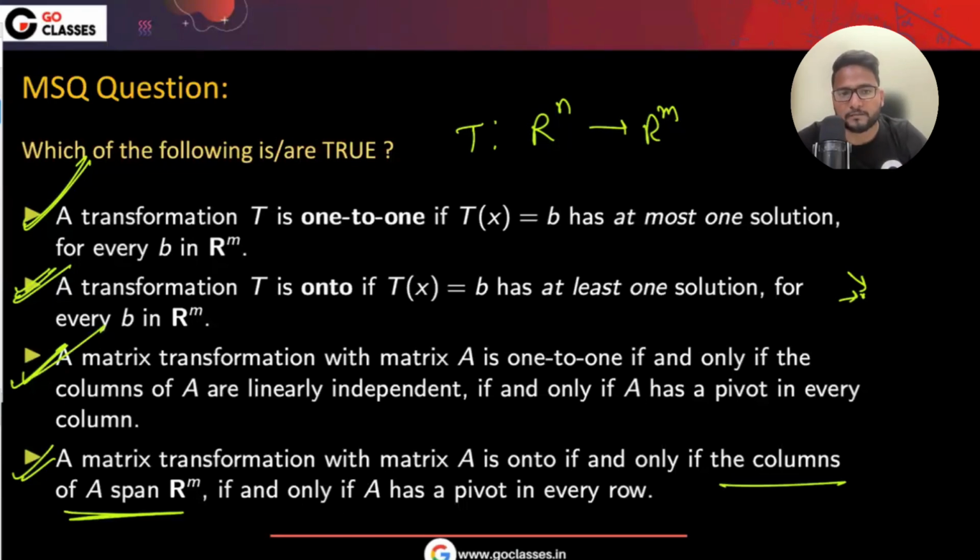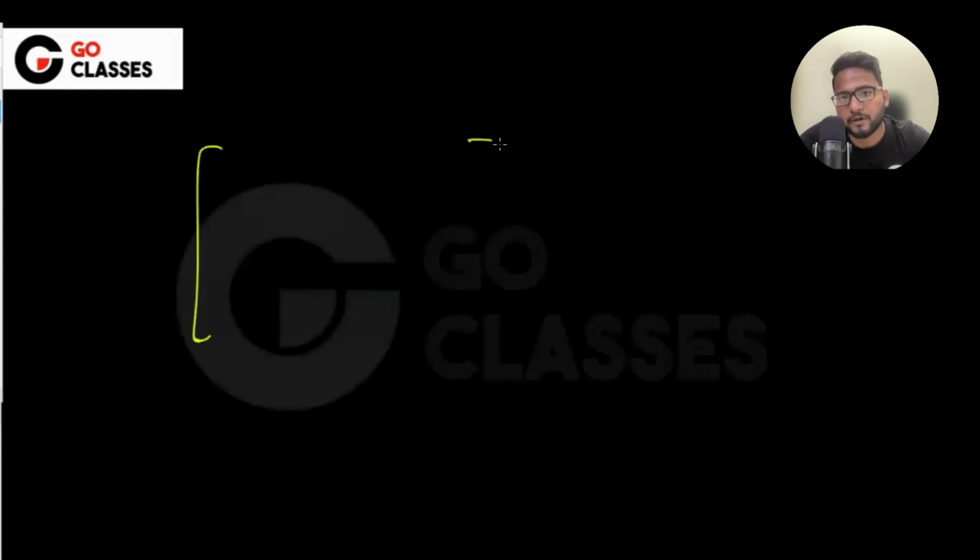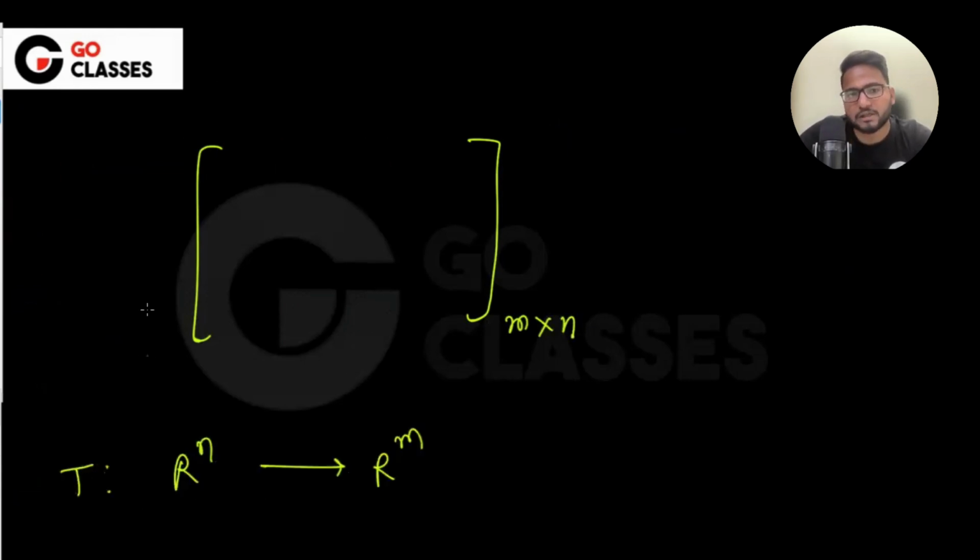Why? Let's just check. See, let's suppose this is m into n, which means it takes from Rn and gives to Rm. In terms of transformation, this is like this, and the matrix is m into n. Now, if this has m rows and n columns, so m rows, this is in Rm, right?